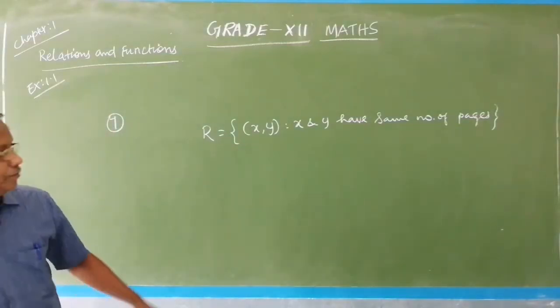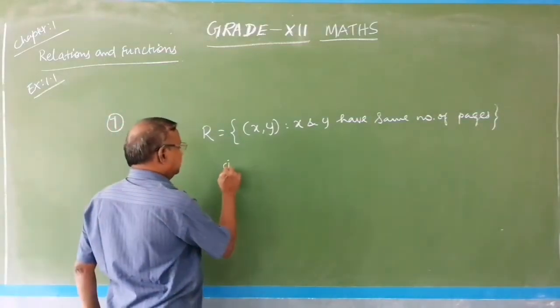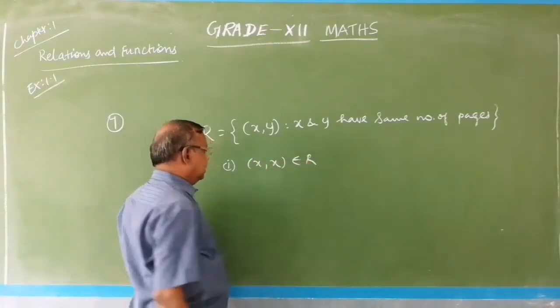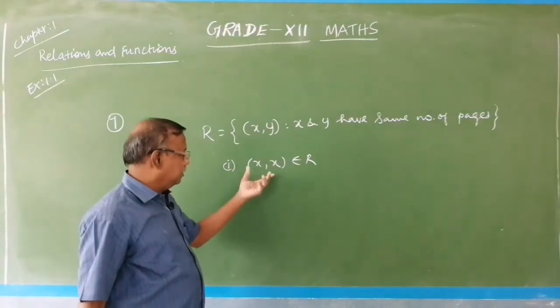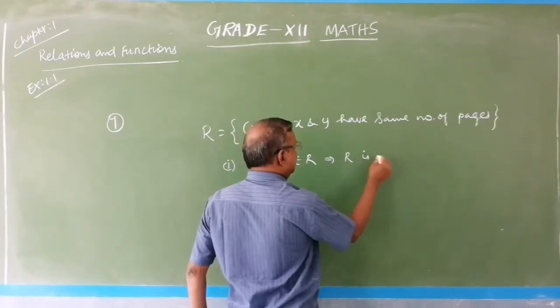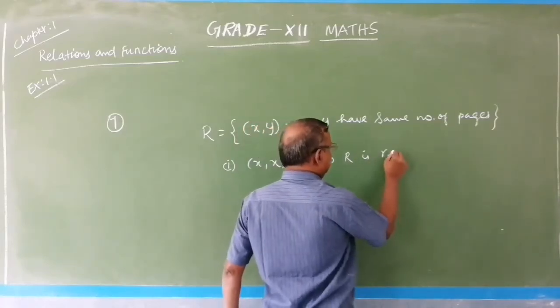Let us see. First, (x, x) belongs to R, because a book and itself have the same number of pages. Therefore R is reflexive.